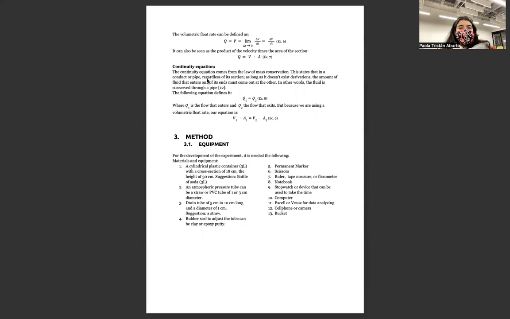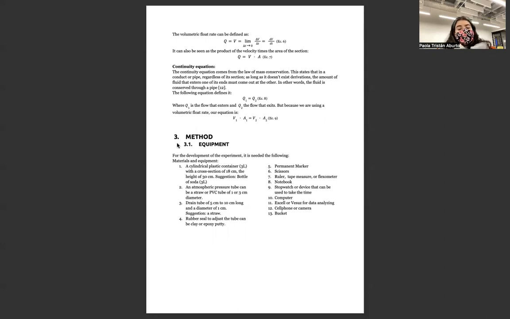So the fluid is conserved through a pipe. We can see it as the following equation, where Q1, the flow that enters, is equal to Q2, the flow that exits. And when using the volumetric flow rate equation, it is like this: the velocity 1 times the area 1 is equal to the velocity 2 times the area 2.